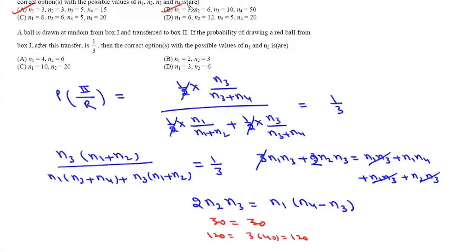Option B is also correct. Now this is 2 into 6 into 5, so it will be 60, and here it is 8 into 15, which is 120, so option C is incorrect. And here it is 12 into 5 into 2, which is 120, and it should be equal to n1, which is 6 into 15, and 15 into 6 is 90, so this is also incorrect. So the only correct options are A and B.